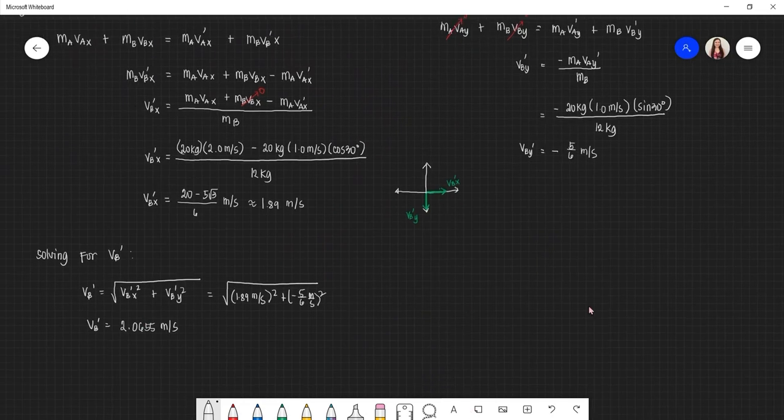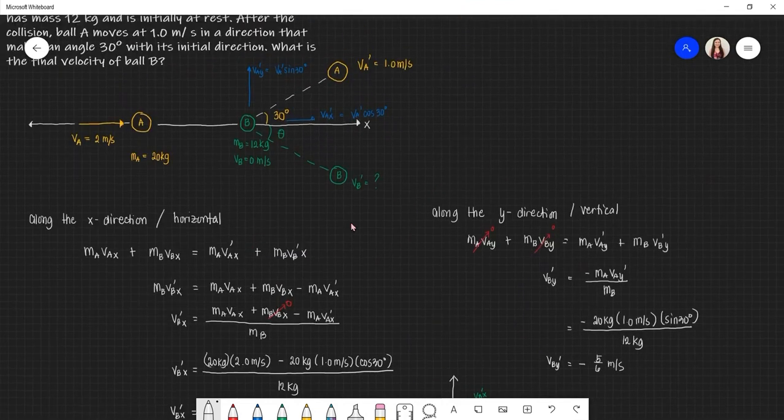But we have to solve for the direction. So the variable that we use in our figure here is theta.